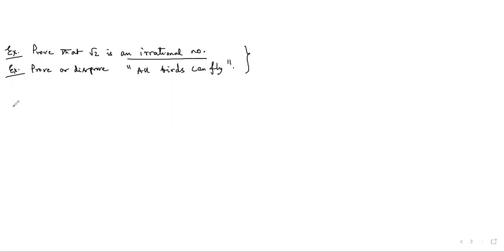The last technique which I'm going to discuss in today's class, let us call it proof technique 3, goes like this. Its name is proof by contradiction.